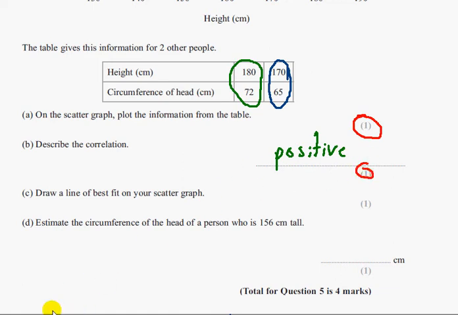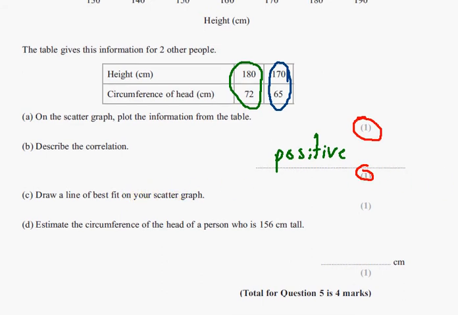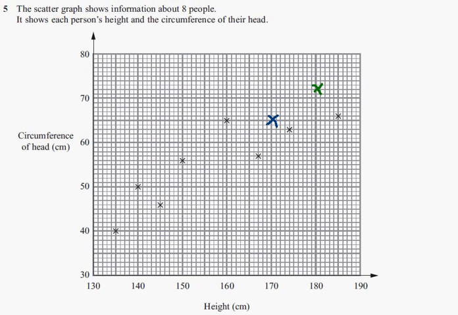Draw a line of best fit on your scatter graph. Okay, so the line of best fit, I'm going to do in orange. It's going to be somewhere something like that.